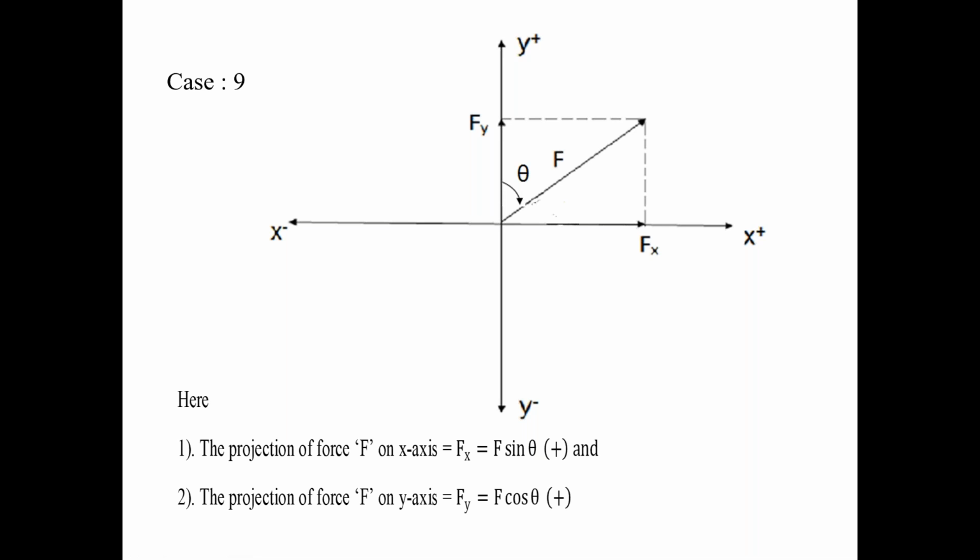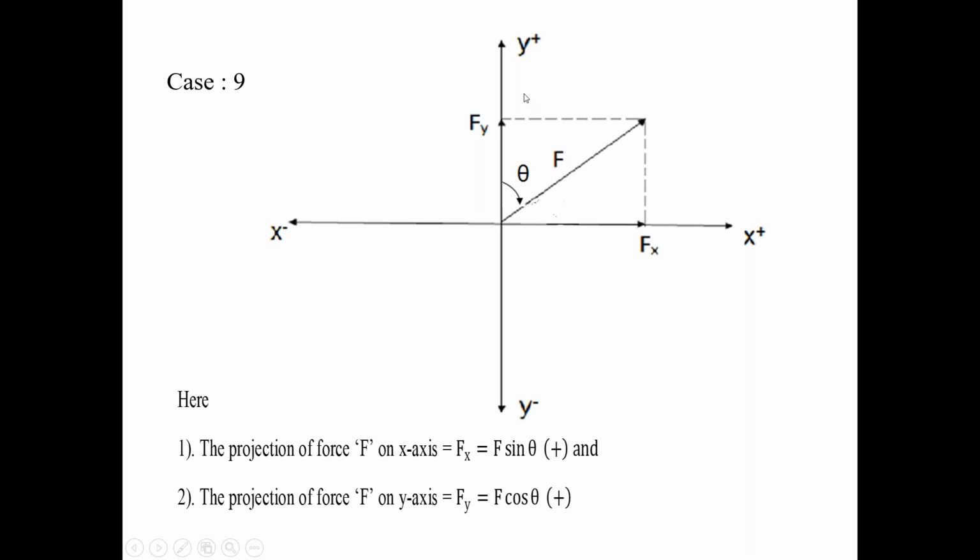So in this ninth condition, when the force F makes the angle theta with the y-axis, Fx is equal to F sin theta. Fy is equal to F cos theta. Already we discussed 8 conditions. In all those 8 conditions, the force F makes the angle theta with the x-axis.